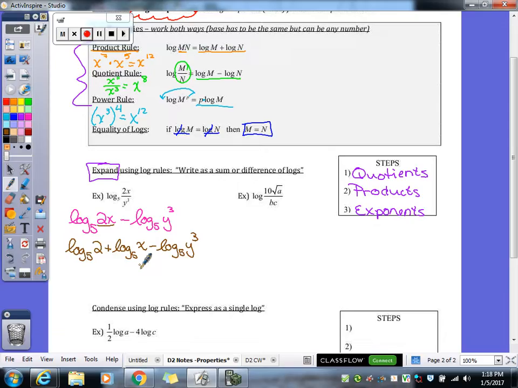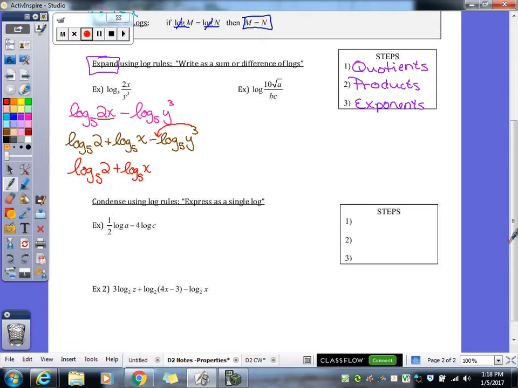So we've separated our quotient and taken care of our products. Do we have any exponents? Yep, we've got this one here. We've got to bring it down in front. So our final answer is log base 5 of 2 plus log base 5 of x, and then it's minus 3 log base 5 of y.